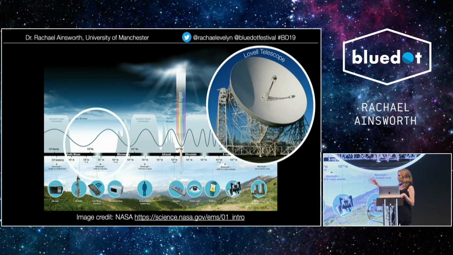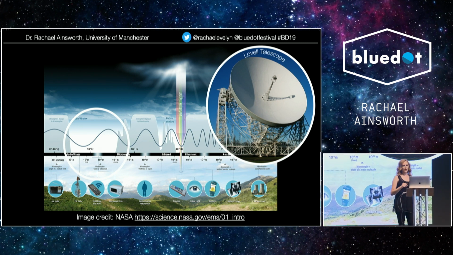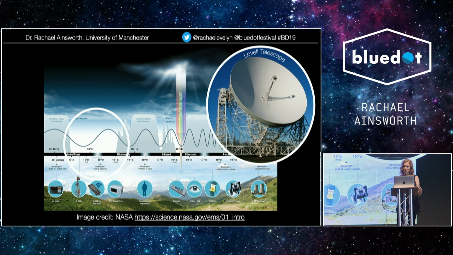So radio waves and microwaves are at the long end of the electromagnetic spectrum, so they have much longer wavelengths than infrared light. They can range up to meters in wavelength. Because they have such long wavelengths, they have much lower energies, they indicate much lower temperatures. So they're usually found permeating everywhere in our universe.